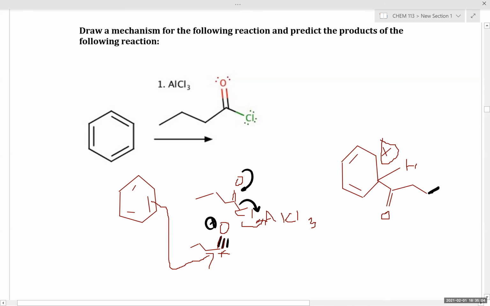There we go. But to regenerate our aromatic ring, what happens next? Does anyone have a suggestion in the chat? Or would anyone like to draw out the last step?